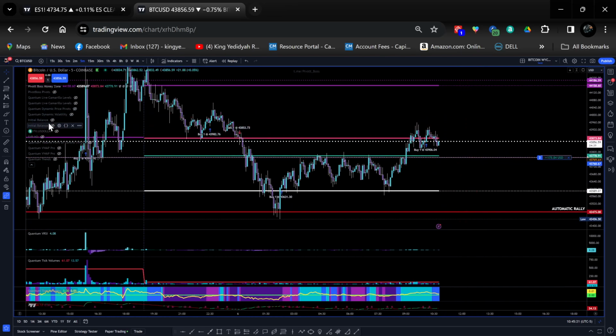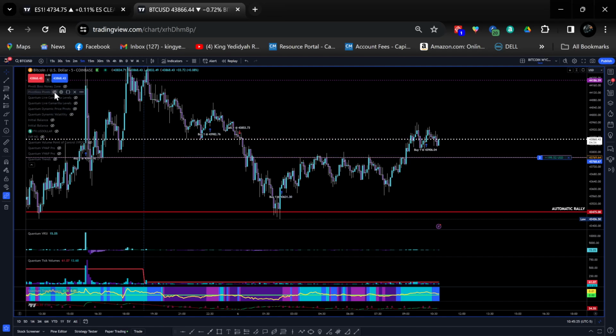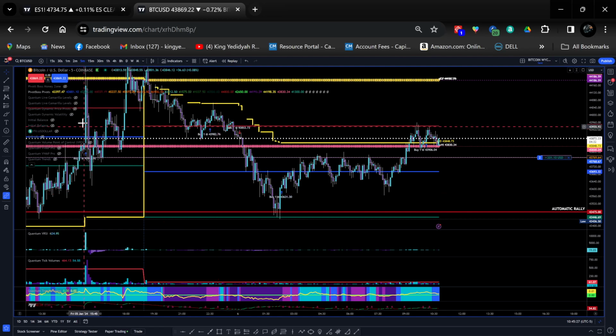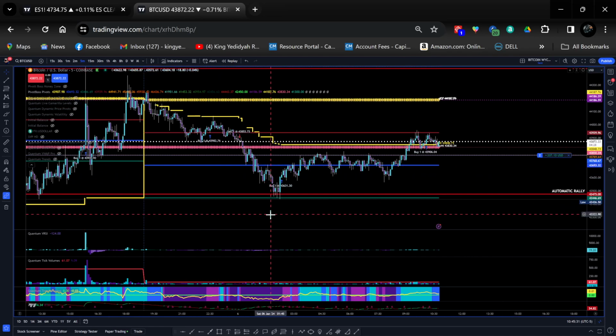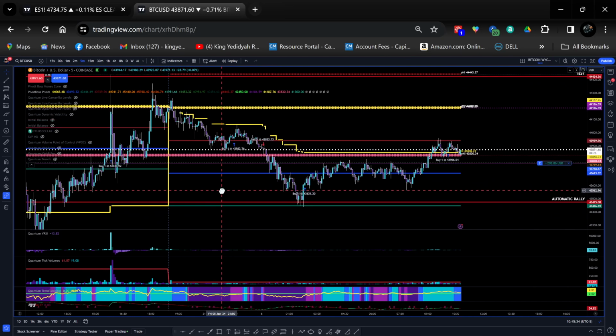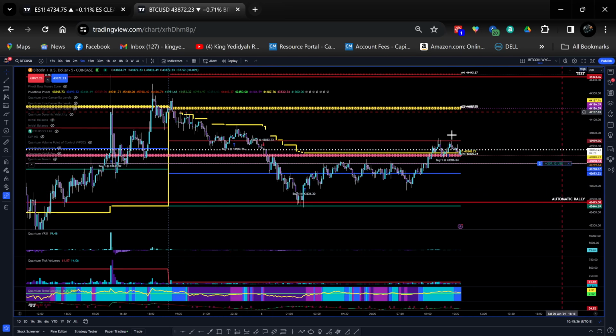Now let's look at the Camarillas real quick. No, let's look at the central pivots real quick first. Right, so the central pivots now are in an overlapping lower value relationship.